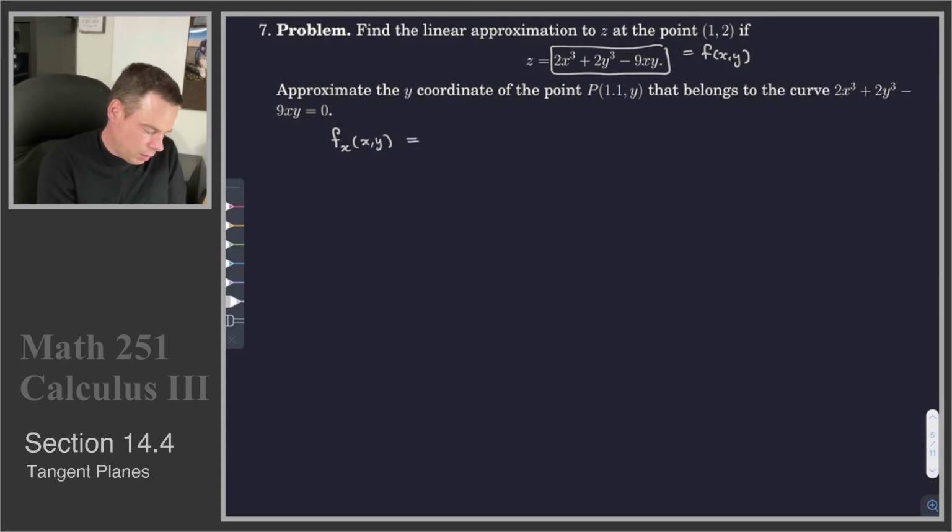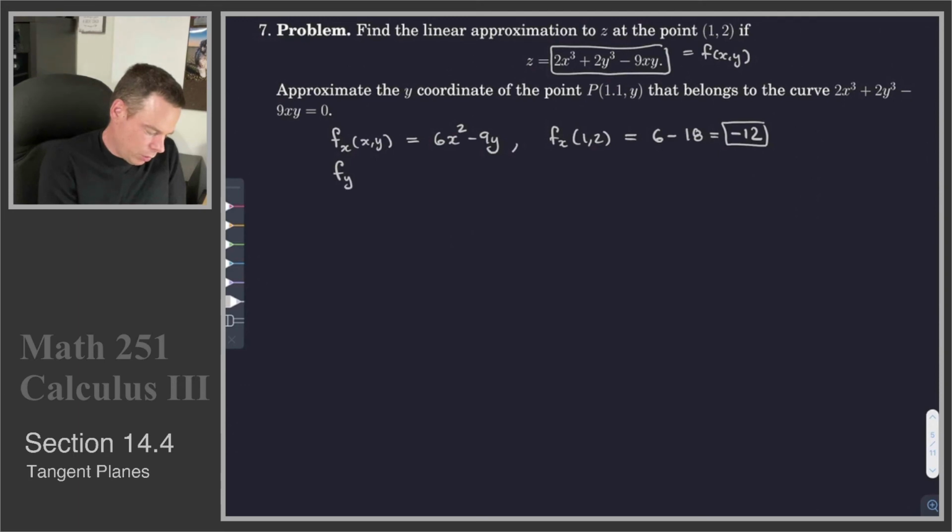So the x partial derivative is 6x squared minus 9y. In particular, at the point (1, 2), this is 6 minus 18, or negative 12.